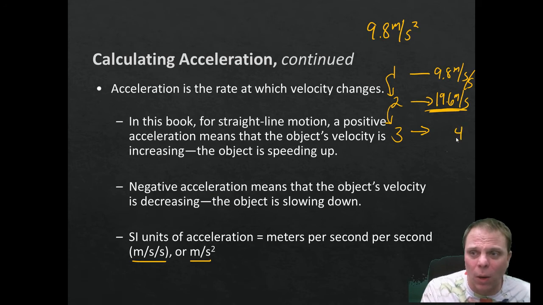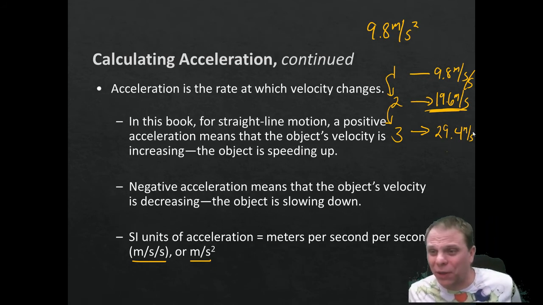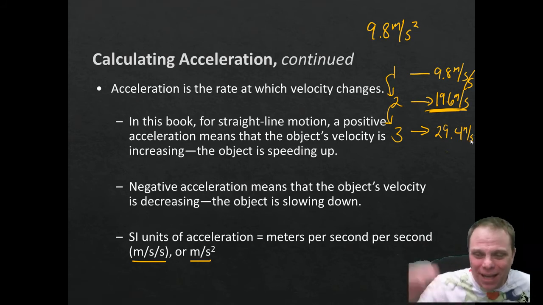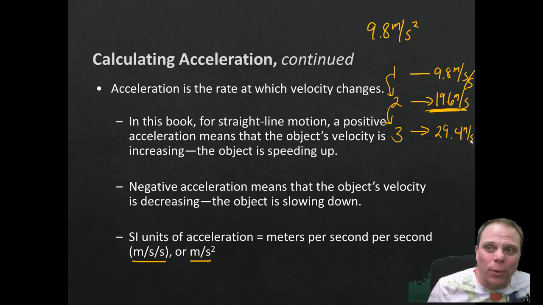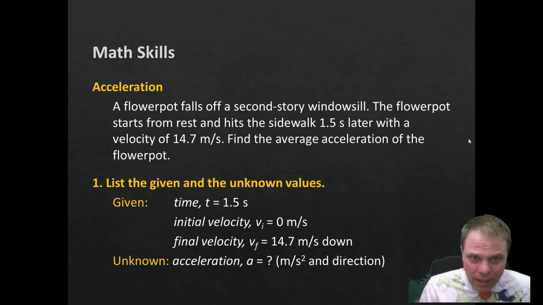And so 18, 19. Did I do my math right? Yeah, it looks good to me. All right, so 29.4 meters per second. So you're just increasing 9.8 meters per second. Every second you're getting faster. That's the idea here. Okay, so let's look at a problem.